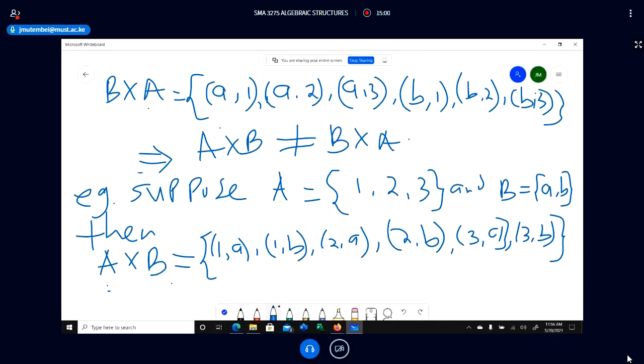So that is the Cartesian product as an operation. You can easily show that this is not commutative.